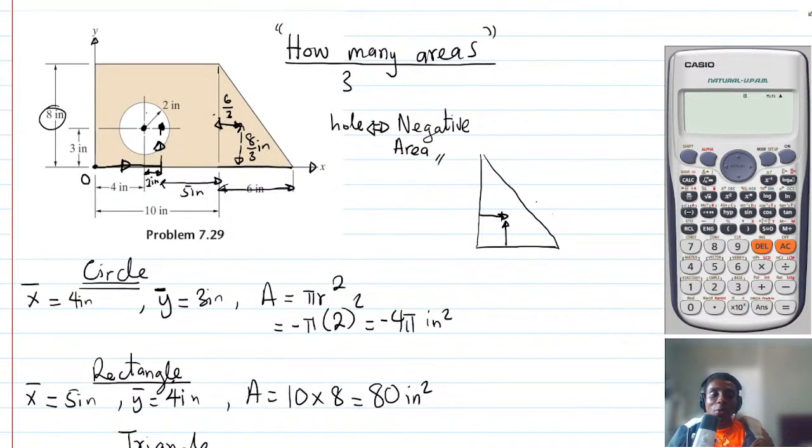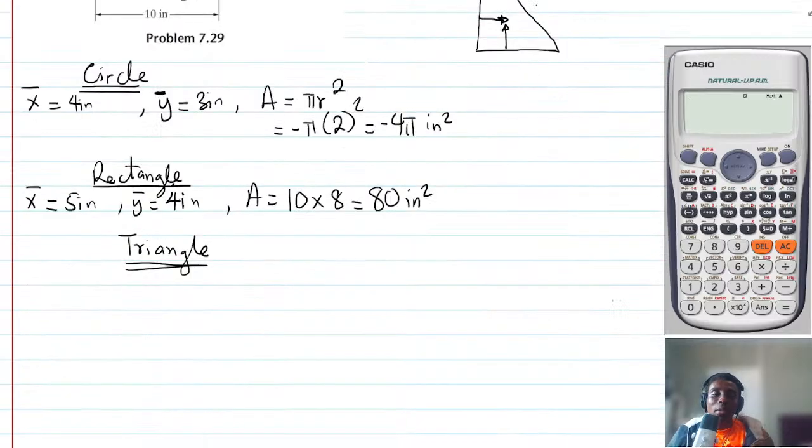But then we want the distance from here. So that will be 10 plus 6/3, which is 10 plus 2, which is 12.